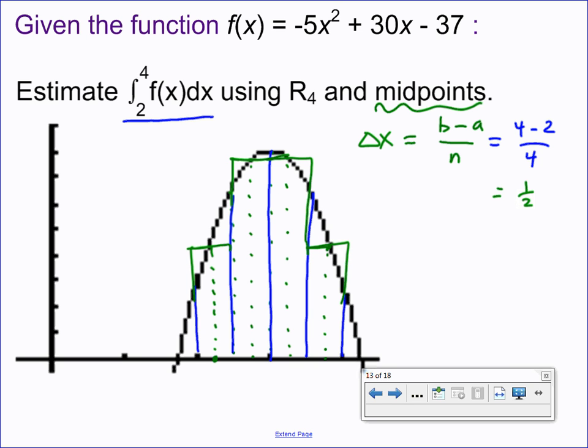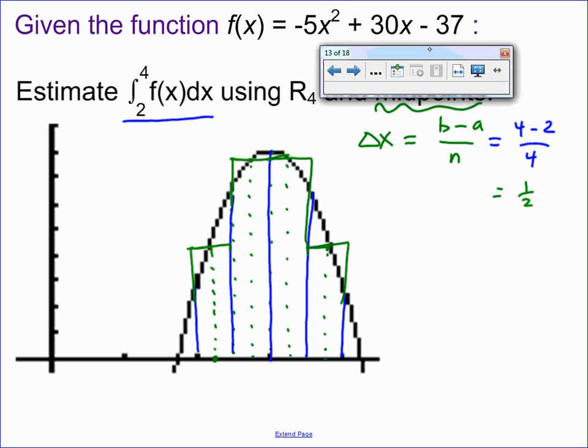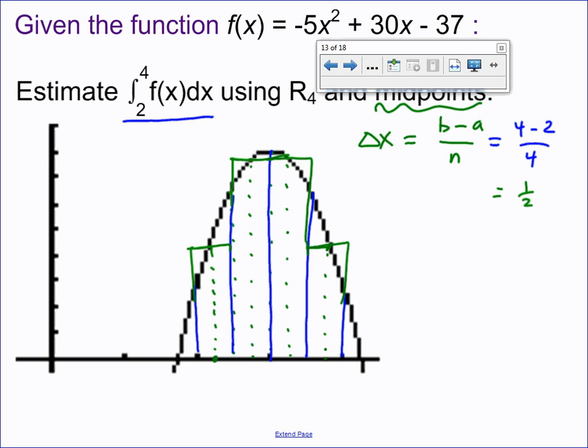Okay, so I think I want to use my calculator again. Since we have negative 5x squared plus 30x minus 37, I want to use my calculator to generate that expression.